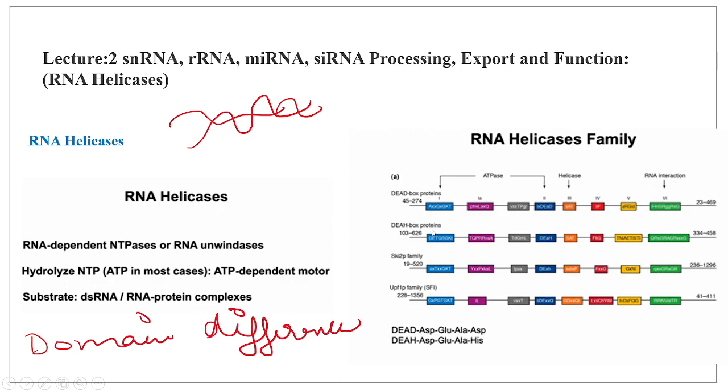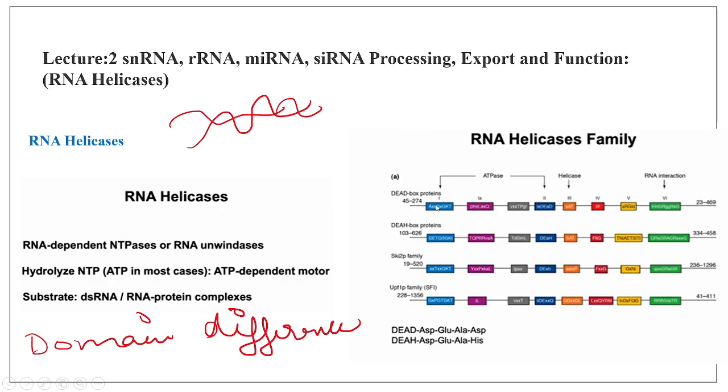Actually the image is not very clear, but I think the domain which is responsible for interaction is different. Okay, these are the same only: 1, 1a, 2, 3, 4, 5, 6, and this is the 7. So basically, typically each and every RNA helicase will have 7 conserved motifs.